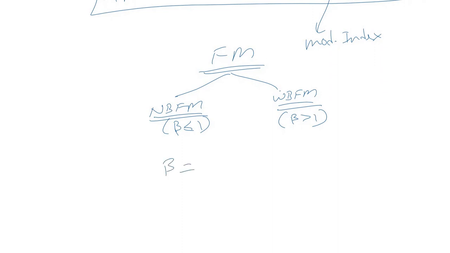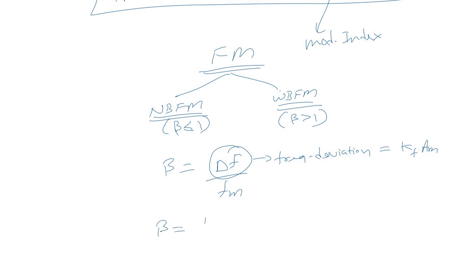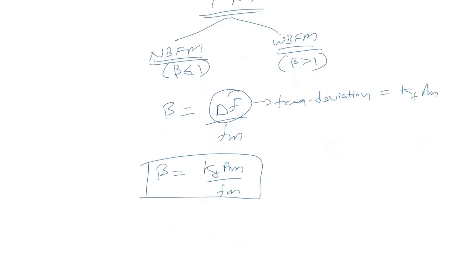Beta is nothing but the ratio of delta f divided by fm, where delta f is the frequency deviation and fm is the frequency of the message signal, and this frequency deviation is kf times Am. So beta is equal to kf Am divided by fm. This is the modulation index for a frequency modulated signal.